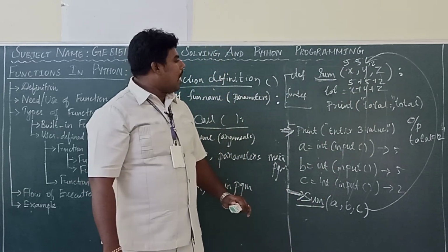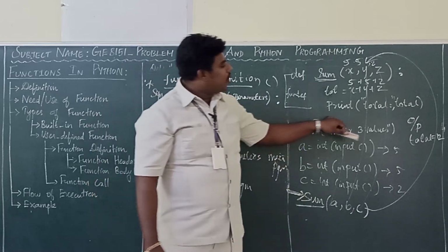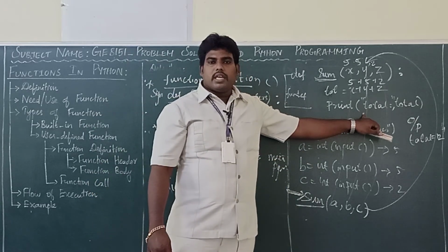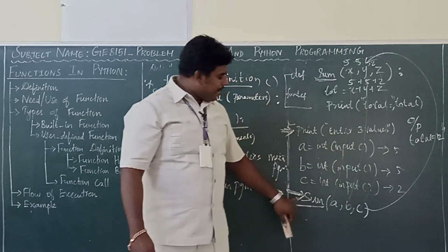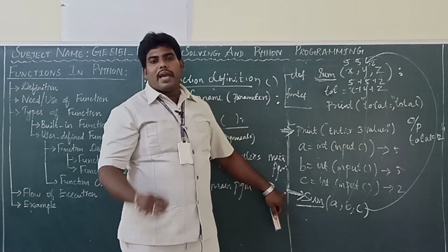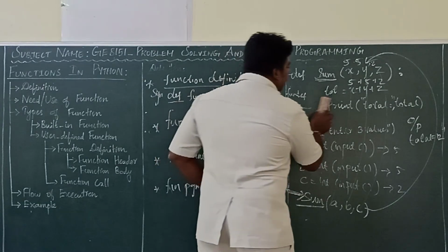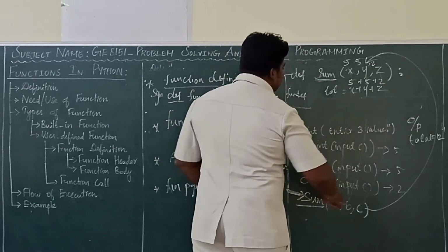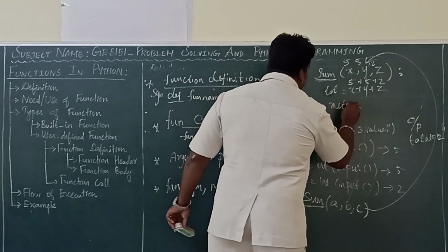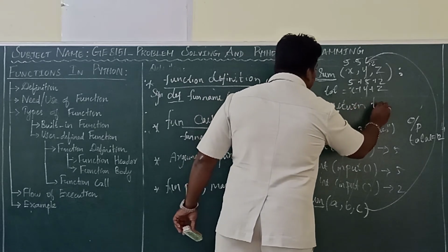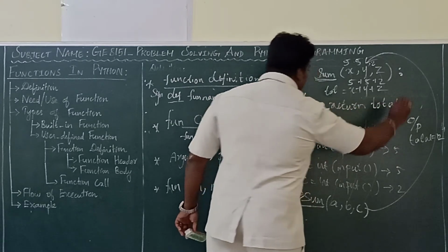And one more thing you have to know: here your answer is printed here, right? Instead of printing here, you can make it print here also by adding only one line, that is return. Instead of this print statement, here you can add a line return total.